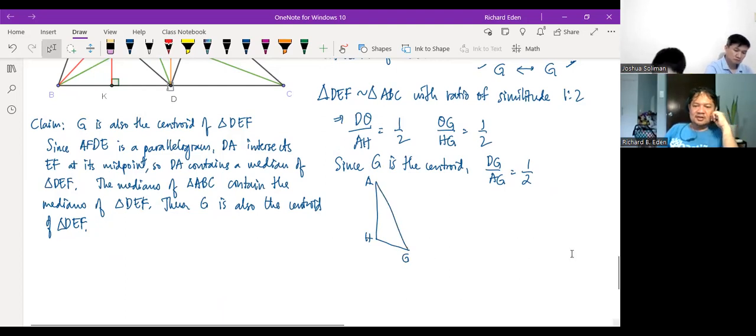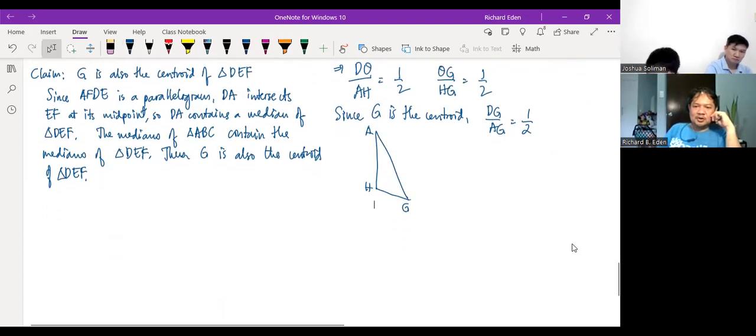Tapos, ito, hindi tayo sure sa collinearity, medyo iibahin natin ng direction nito. So, ganyan. O, and then D. And then this is O. Okay. Actually, wait.